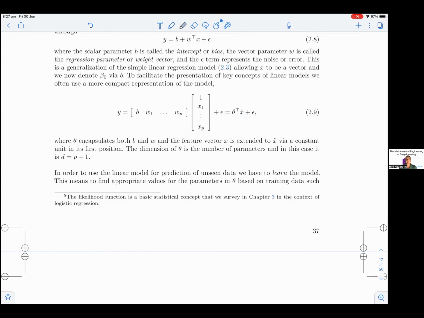The dimension of theta is the number of parameters, and in this case, it is d, which is p plus 1.